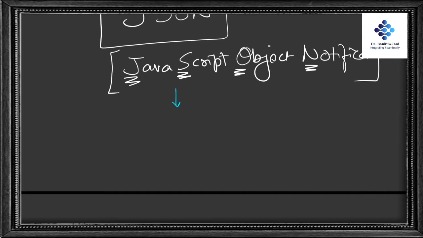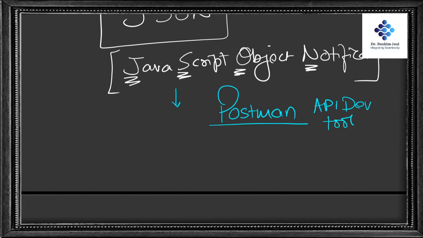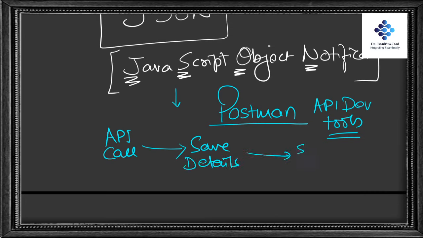And one of the examples is Postman. This is one of the apps in API developer tools. What it does is, say this is an API call, this is what this app would do, and whatever the response is from that API, it will save those details, and those details can be shared to another API, right?